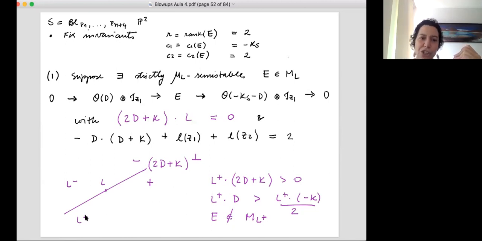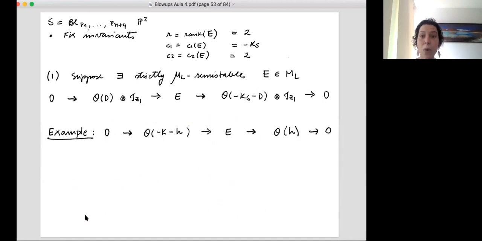On the other hand, if you change your polarization to L minus, then one can check that in fact this is still L minus stable. And so we're going to look again at what happens when you make this change of polarization.